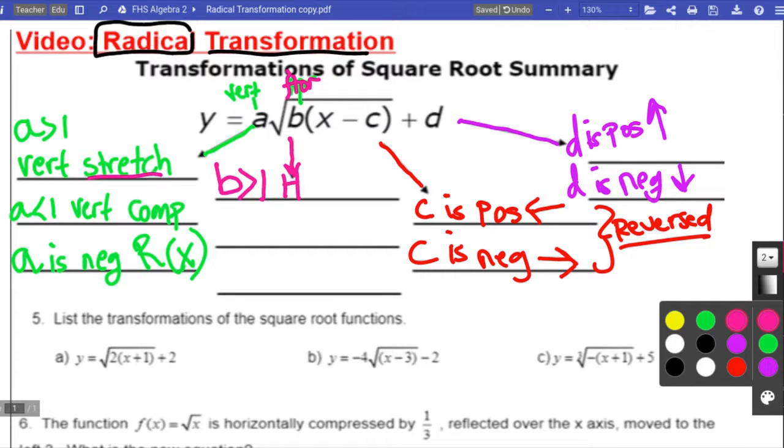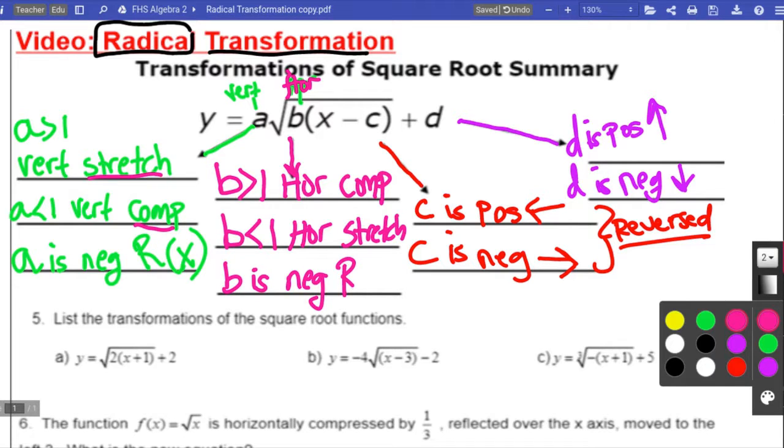Well, for us, it will be the reverse, a horizontal compression. And when B is less than 1, a lower number than 1, here I said compression for vertical. You want to guess what it would be for horizontal? It will be a stretch. And then when B is negative, my friend, we have a reflection over the y this time.